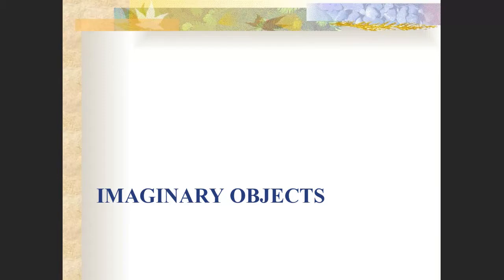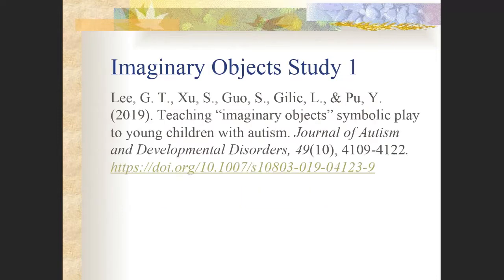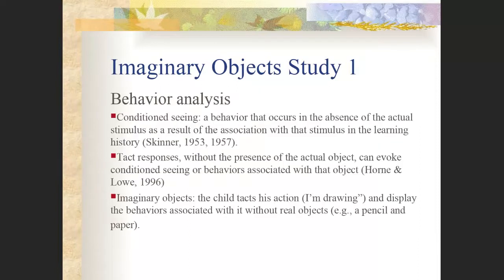In the next study, we did imaginary objects. In this type of symbolic play, the children perform the play actions without any object. Very similar to what we see in pantomime, but we ask the child to describe what they are doing because there's no object there.